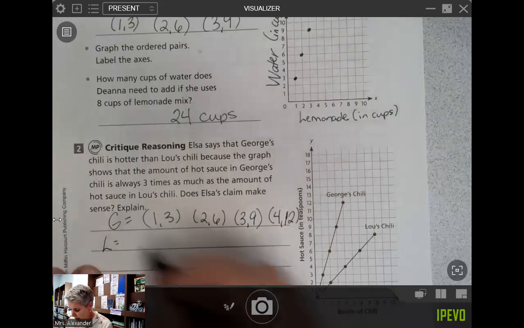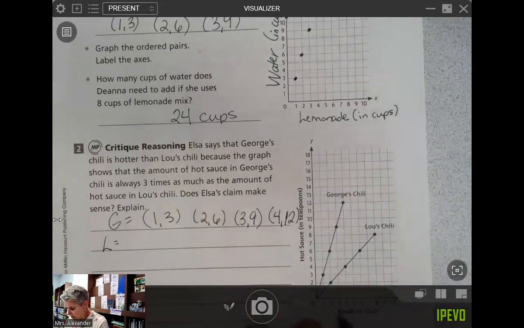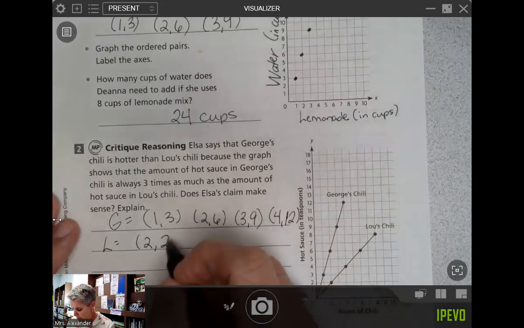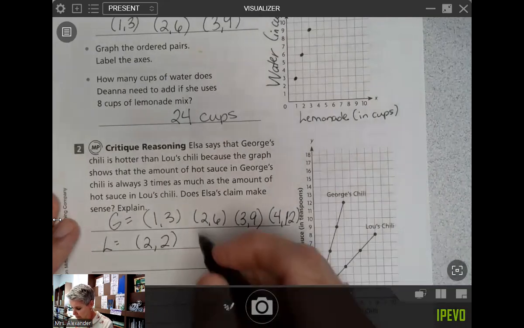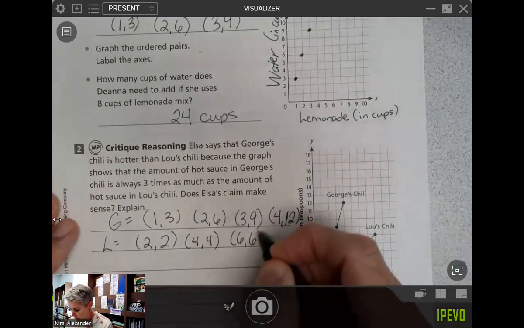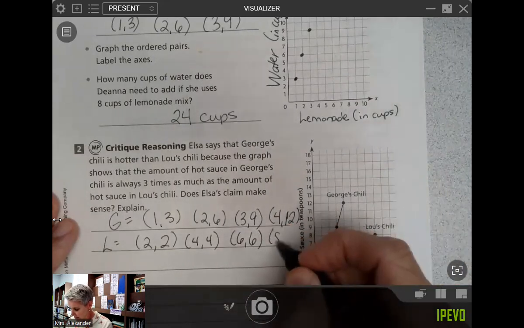Lou's chili, on the other hand, for every 2 bowls of chili, he has 2 teaspoons of hot sauce. So 2, 2, 4, 4. We have 6, 6. And we have 8, 8.